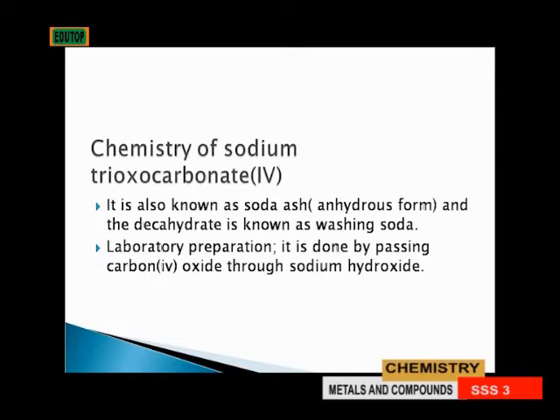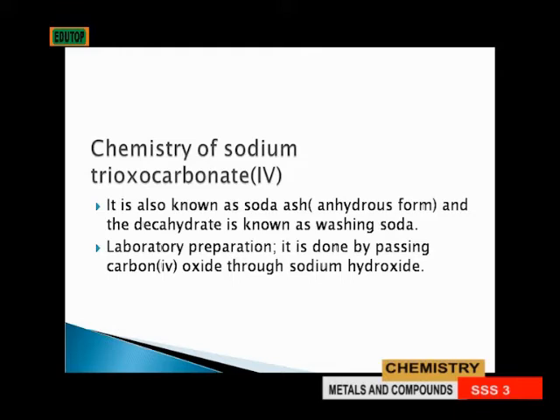Chemistry of sodium trioxocarbonate 4. It is also known as soda ash, that is the anhydrous form. And the decahydrate is known as washing soda. Laboratory preparation of sodium trioxocarbonate 4.